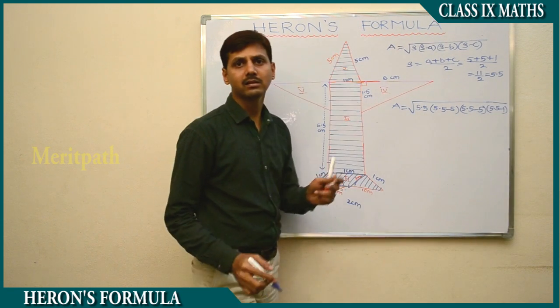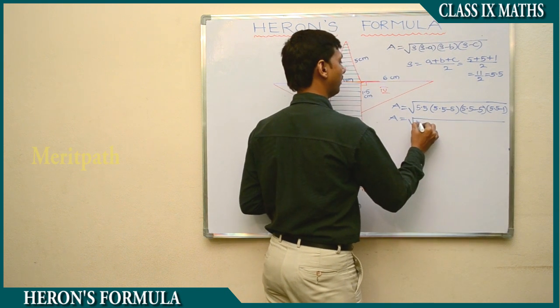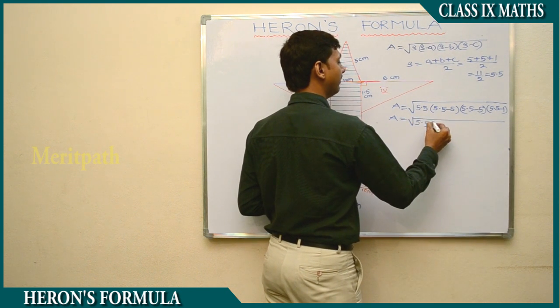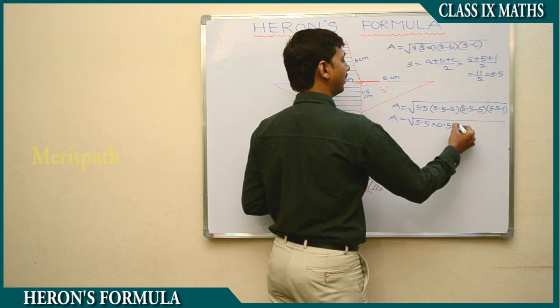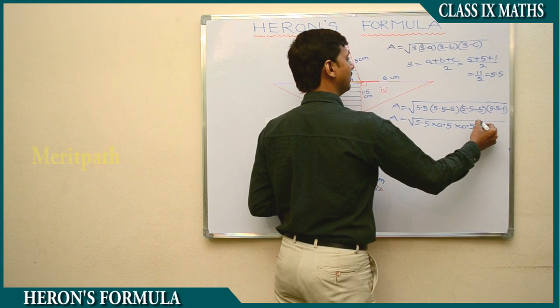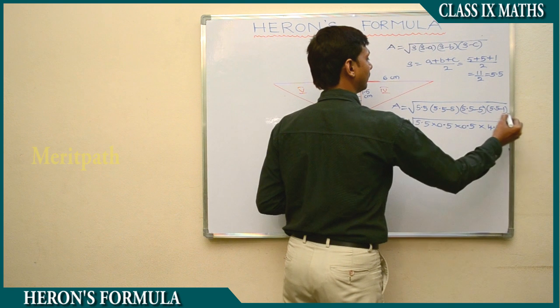Let's subtract all the values. So A is equal to the square root of 5.5. When we subtract these, we get 0.5. Here also the same thing, 0.5. When we subtract this, we get 4.5.